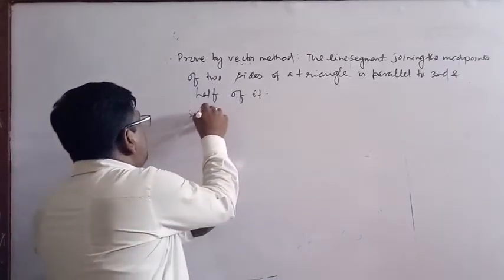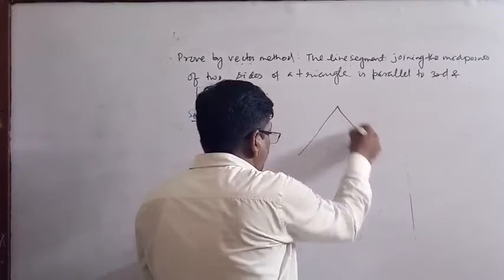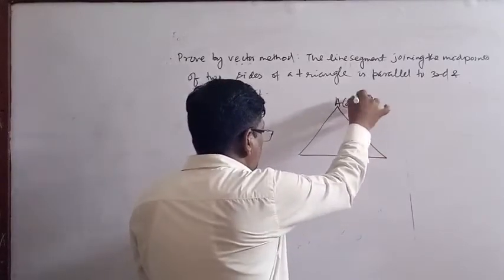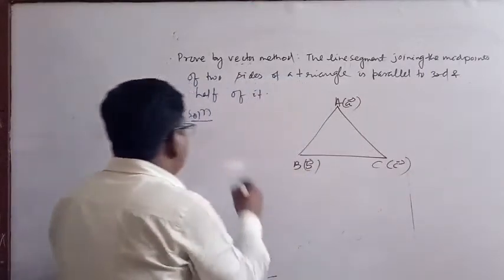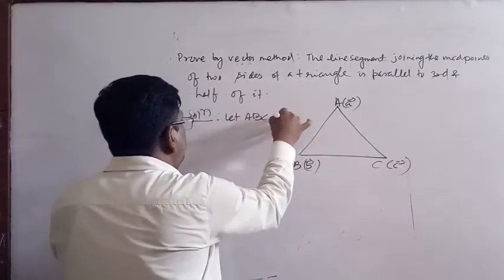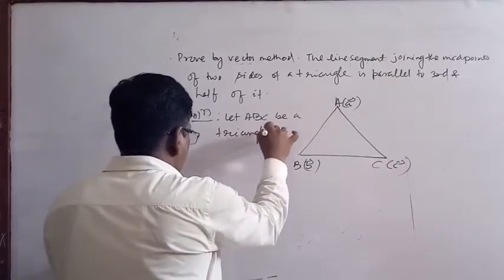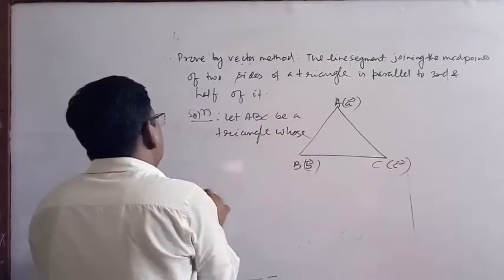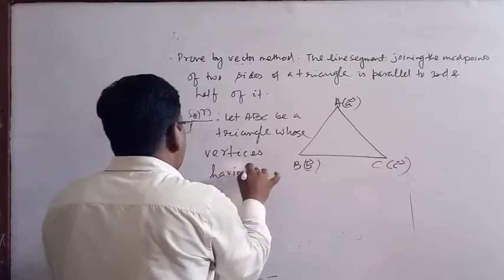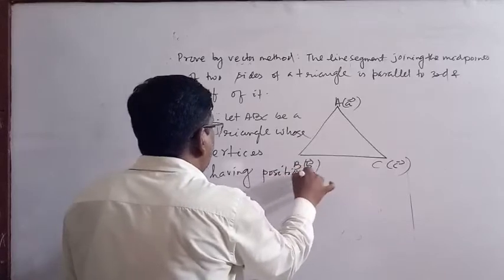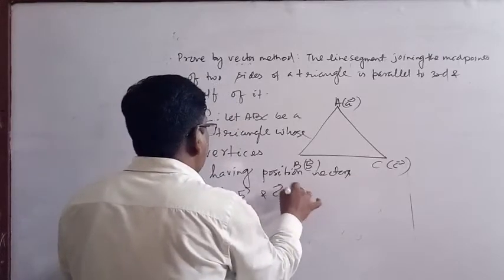So the solution is: suppose this is a triangle, A with position vector A, B with position vector B, C with position vector C. Let ABC be a triangle whose vertices have position vectors A, B and C respectively.